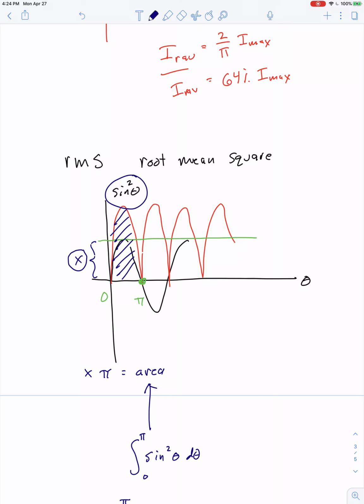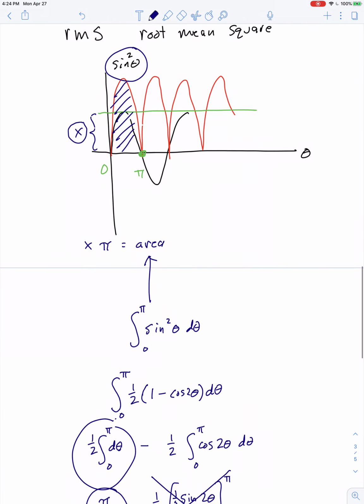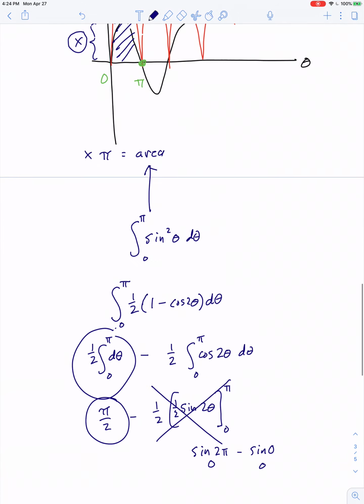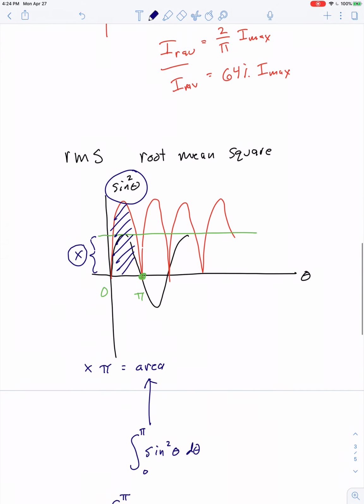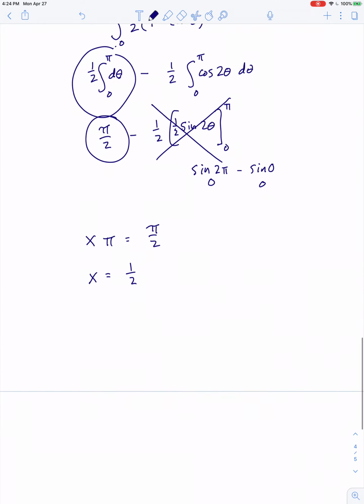And so that doesn't really give me the average value that I'm looking for. I need to take the square root of that, right? So far we've just found the mean value of our function squared. We need to take the square root of that to get us back to what we're looking for.